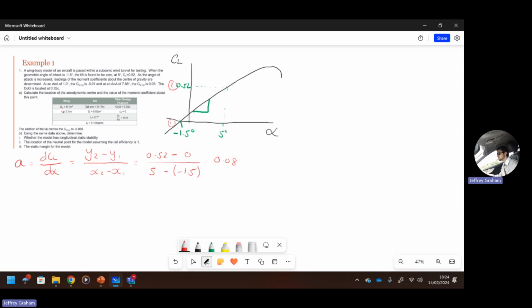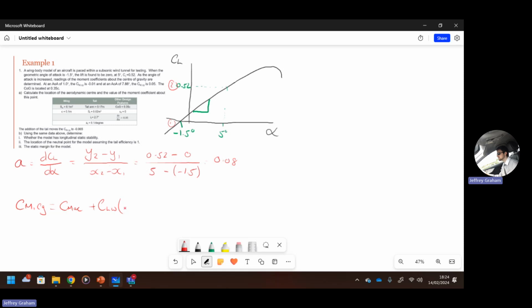Right. The question asks you to calculate the location of the aerodynamic center. So what I'm going to do is take the pitching moment equation, except for the tail section here. The pitching moment about the center of gravity is equal to the moment about the aerodynamic center plus the coefficient of lift of the wing, and remember we said this was XCG minus XAC.